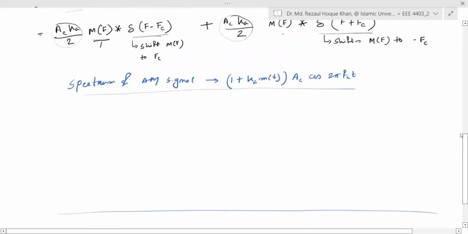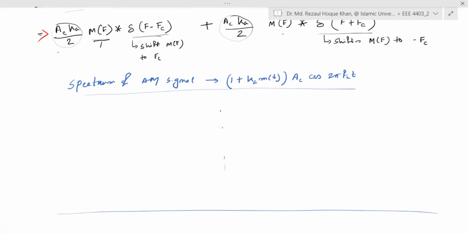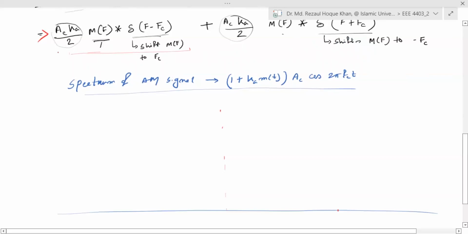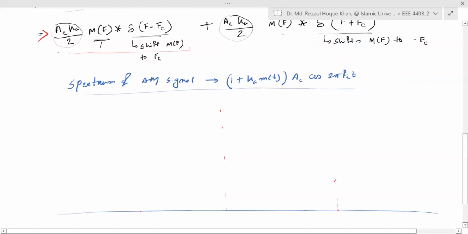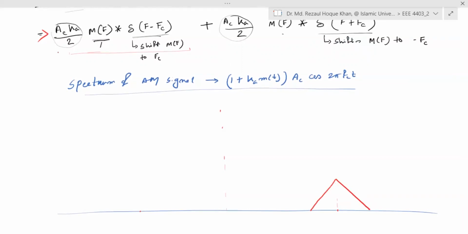You can see that if I draw this one, these two here, what will I have? So here we can see this M(f), this part, this part, we can draw like this.